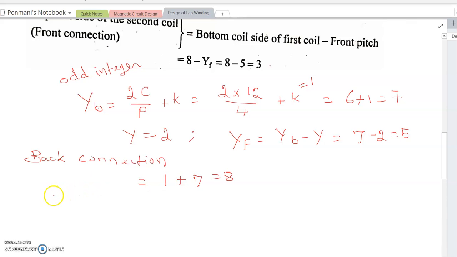For the front connection, this result minus the front pitch 5, so it is 8 minus 5, which is 3.